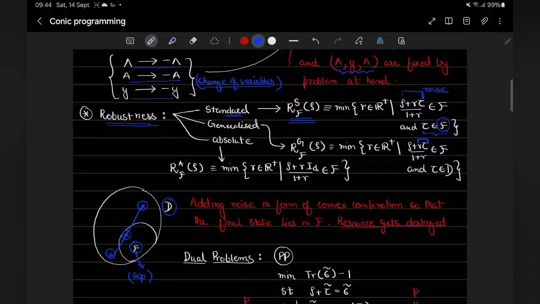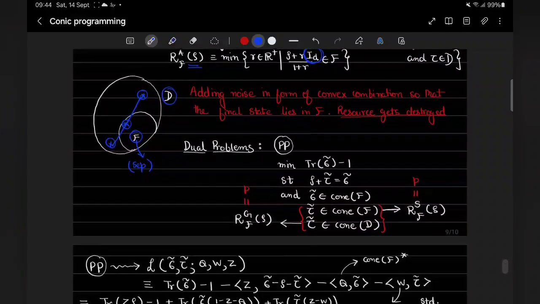And the third one is absolute robustness, where the noise you are adding is white noise, which is the maximally mixed state. In each of these robustness measures, the main idea is that you are adding some noise to destroy your resource, and the more robust your state is, the more entanglement it has that can be useful for some task.